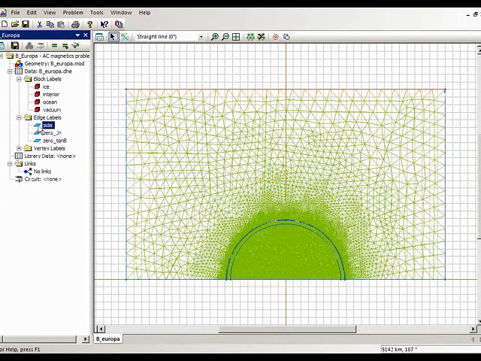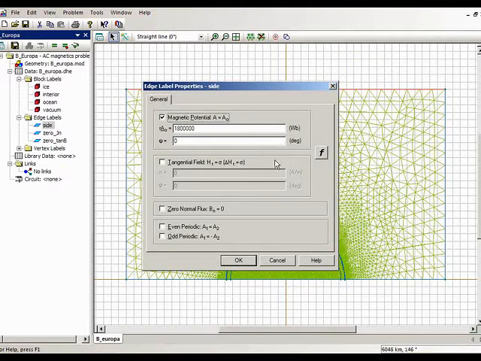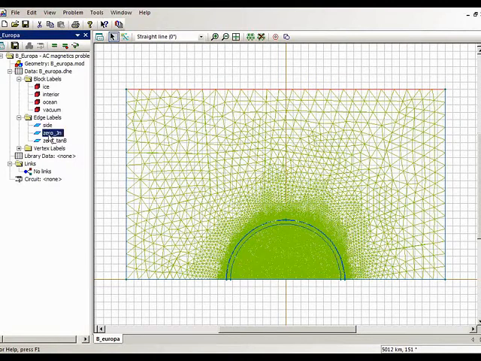Okay, let's look at some of the edge labels here. Now, I need to simulate a uniform magnetic field here at Europa, and in order to get the required strength, I'm assigning a magnetic potential of something like 1.8 megawebers on the side.